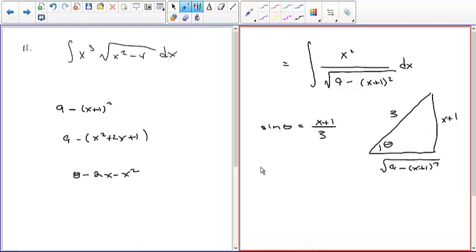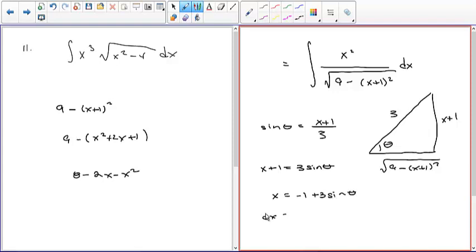So if we multiply, we'll get x plus 1 equals 3 sine theta. So we still have to solve for x. So we're going to have to subtract 1 from both sides. Actually, it could get kind of interesting. So you get x is equal to negative 1 plus 3 sine theta.